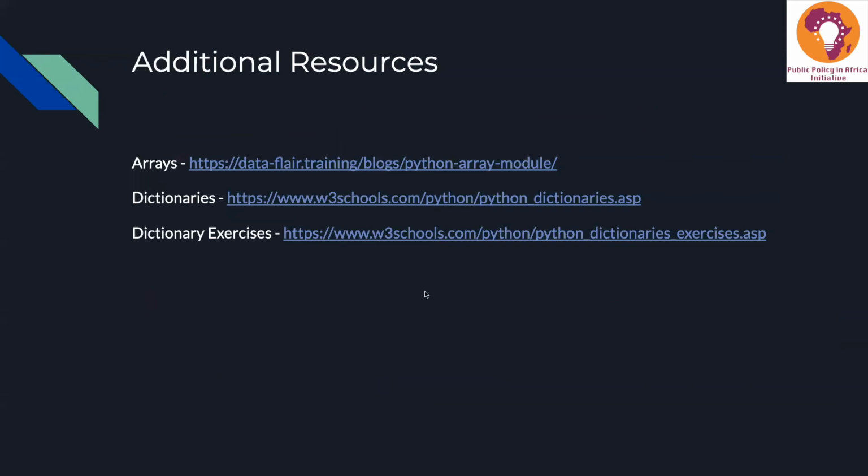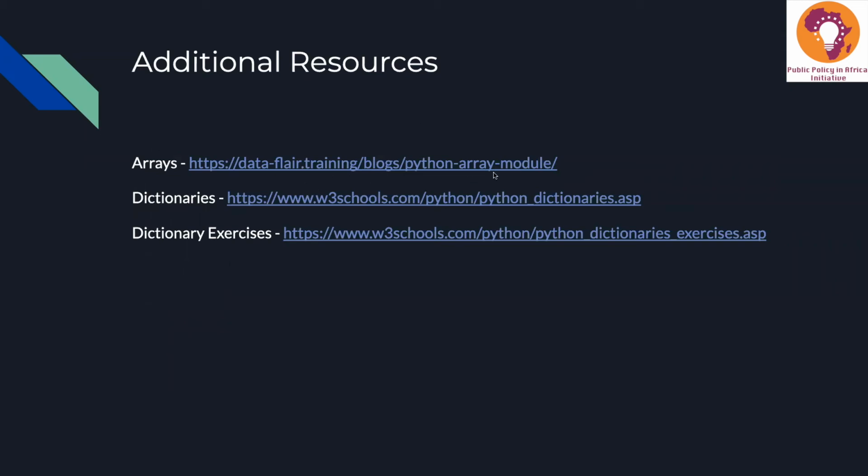All right, so some additional resources here. You can read up on arrays on this website here, dataflare.training, and learn about the array module. The reason it's not like our W3Schools website, like most other resources, is because arrays are so rare, because you can just use a list instead.